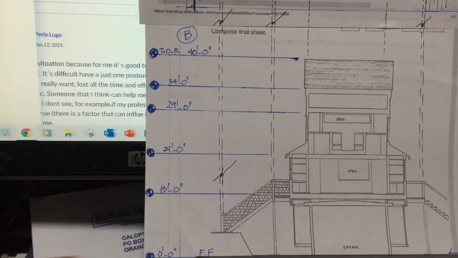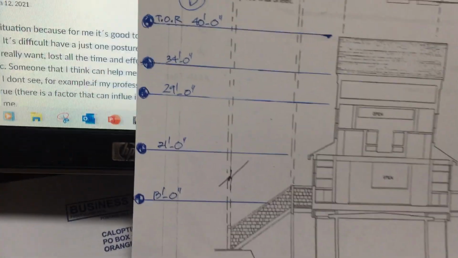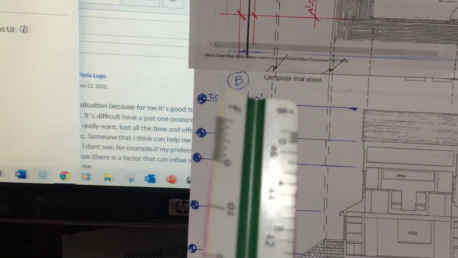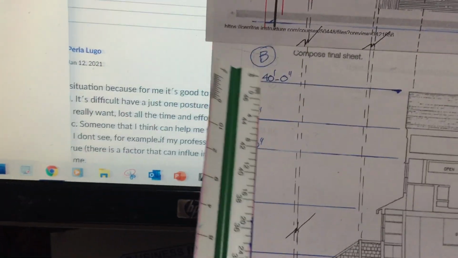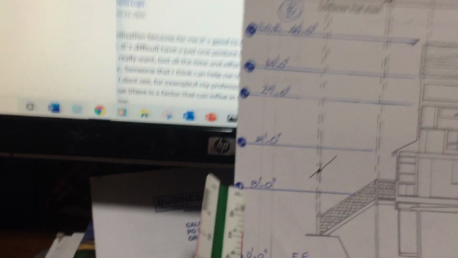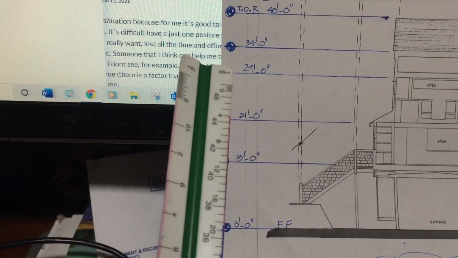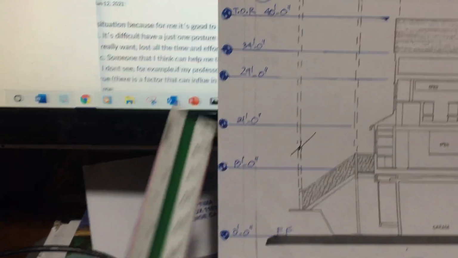and I measure that with the 1/8 scale. This is the 1/8 scale, and I measure from the top to the finished floor, each of them like that. I use the 1/8 scale and I measure. I put the number in there.